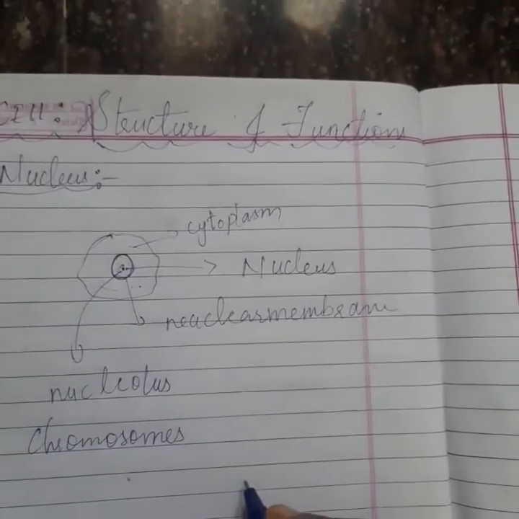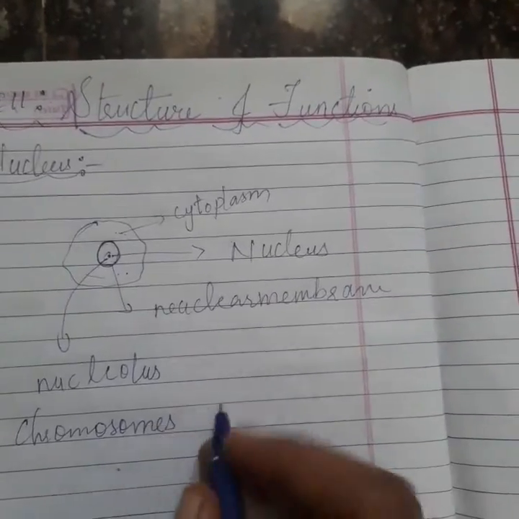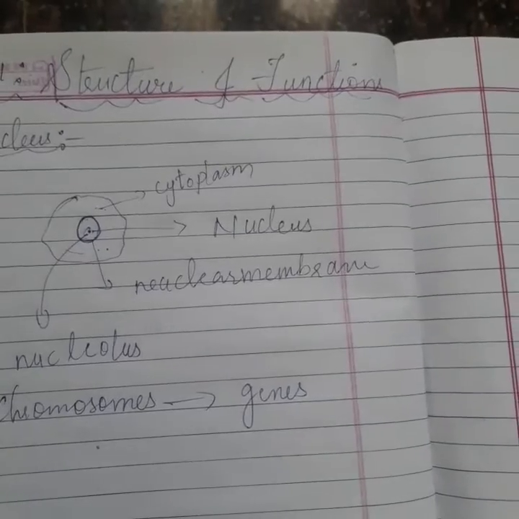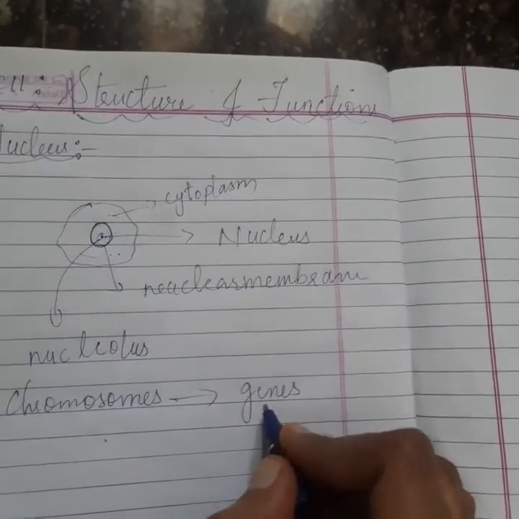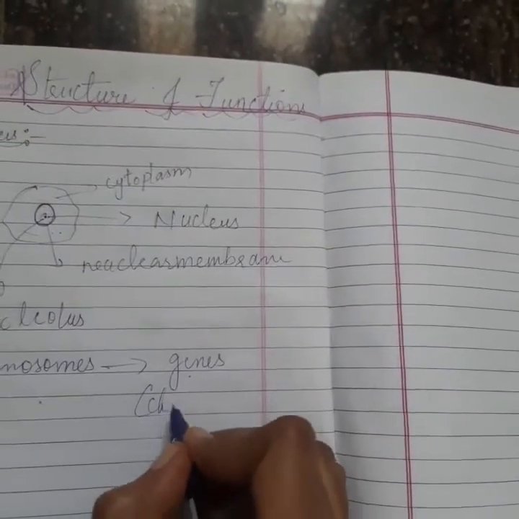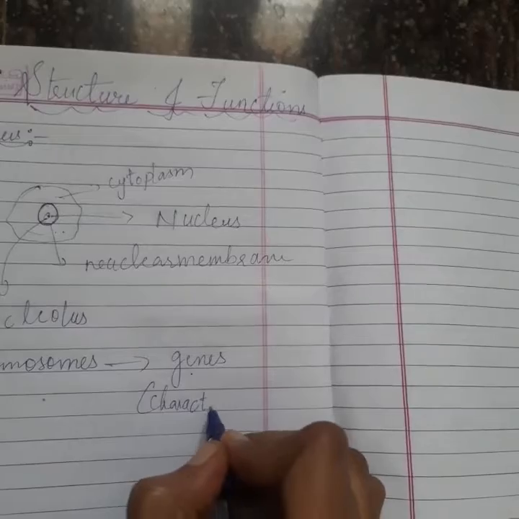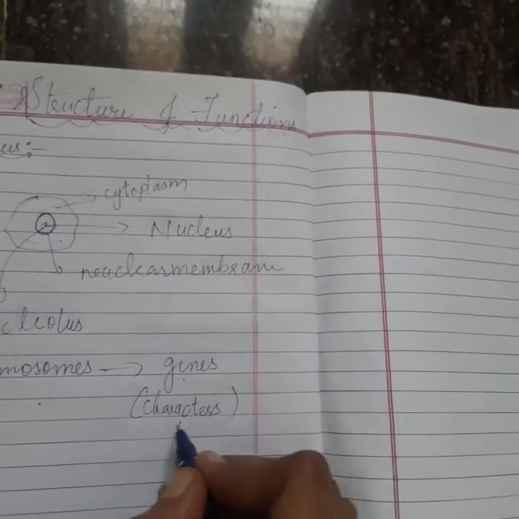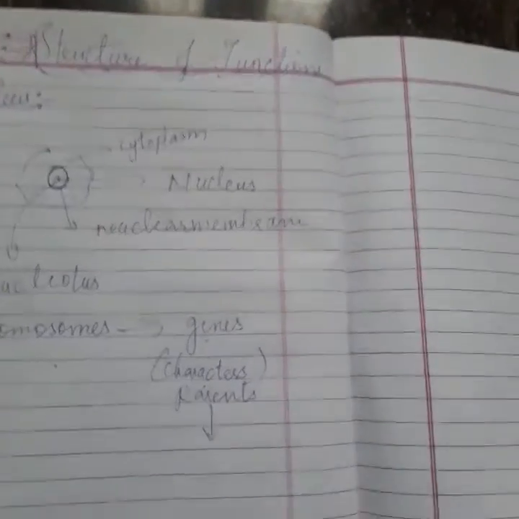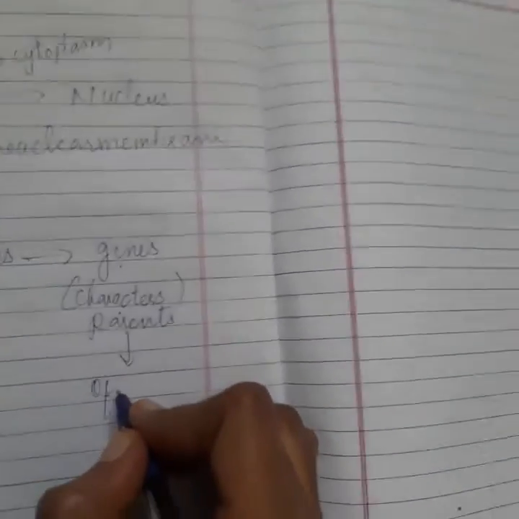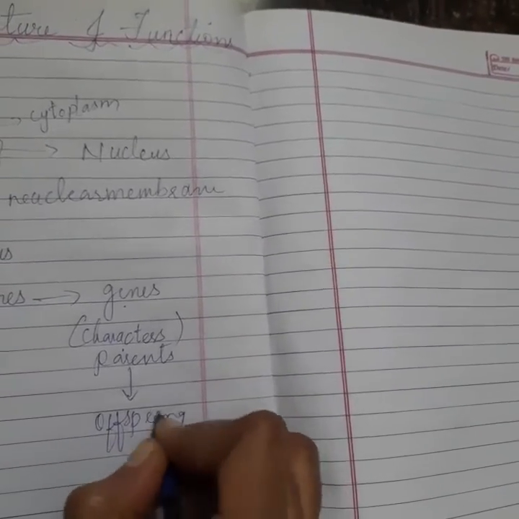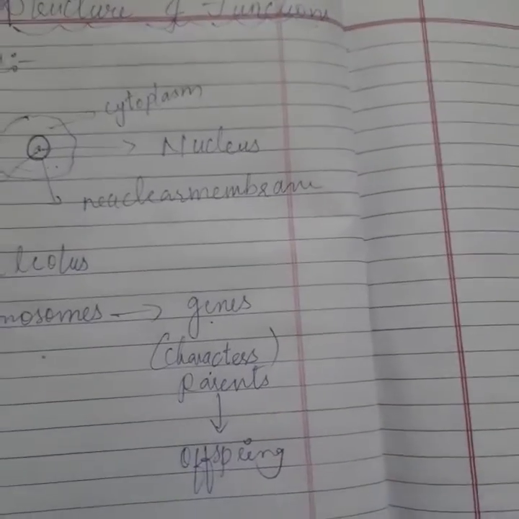These chromosomes carry genes, which help in transfer of characters from parents to offspring, means parents to their children, which is known as inheritance.